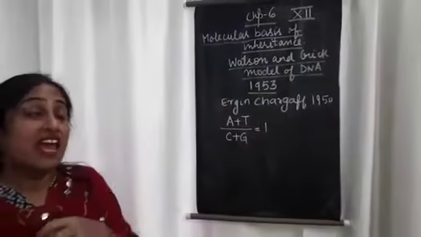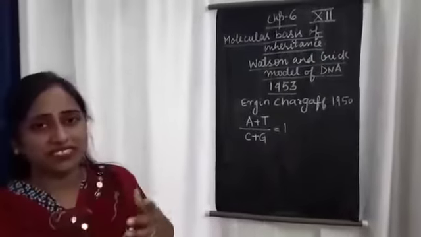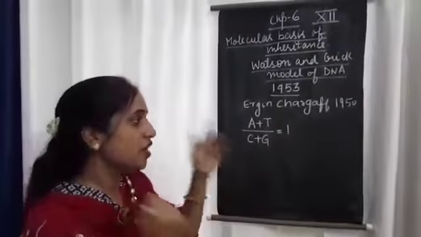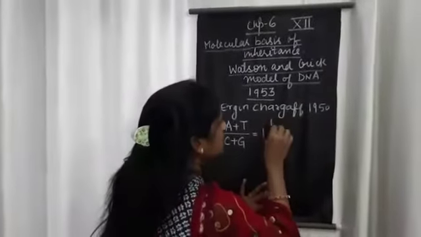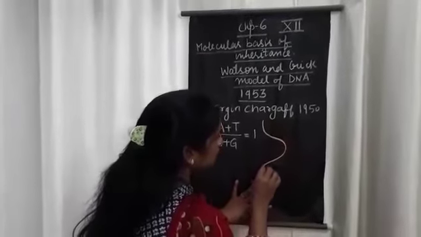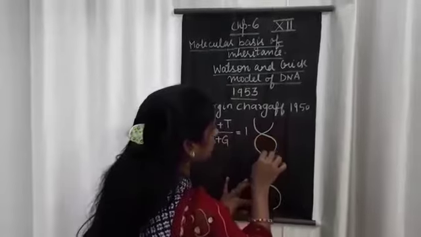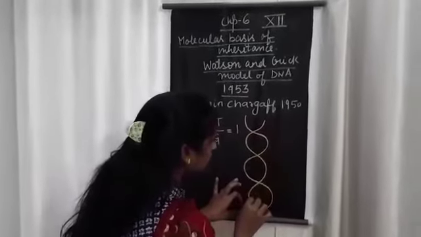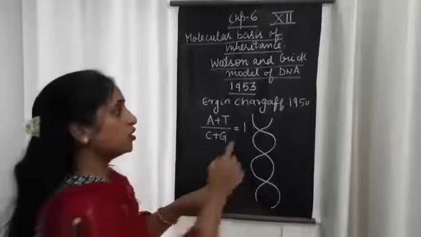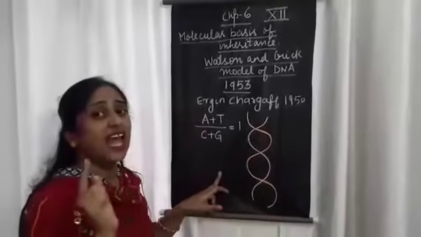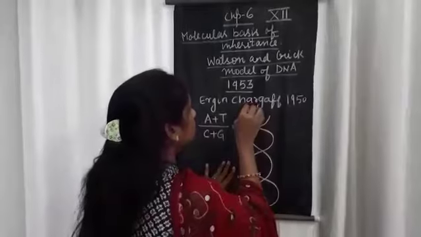They have taken help from Maurice Wilkins and Rosalind Franklin, and they have produced the X-ray diffraction which has produced this structure, and this structure is known as the double helix model. In this we have got two DNA strands with anti-parallel. What does this mean?